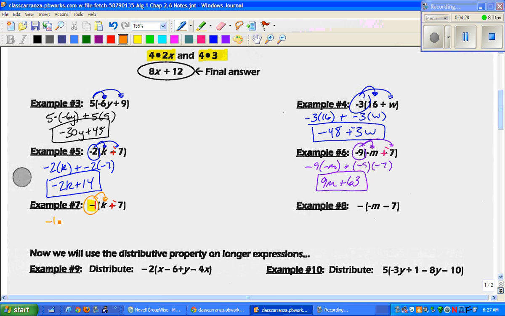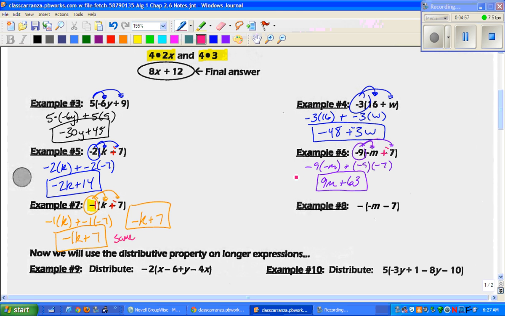Okay? -1 times k plus -1 times -7. And you get -1k plus 7. And if you decided to write -k plus 7, these two things are the exact same.